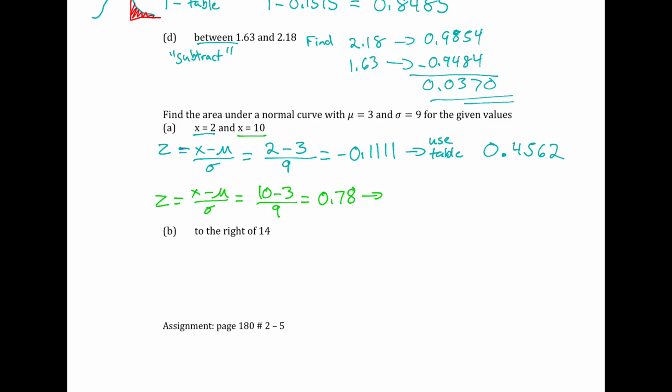Now we will use the table again. It's exactly the same steps as before. I'm going to get positive 0.78. 0.7823 it looks like. Great.